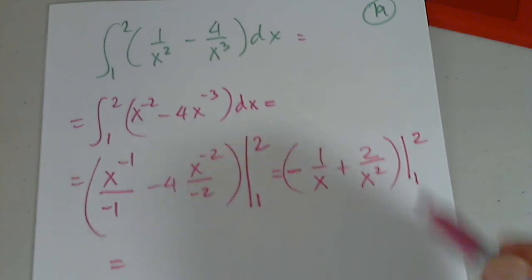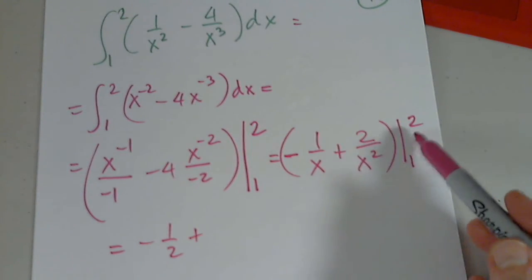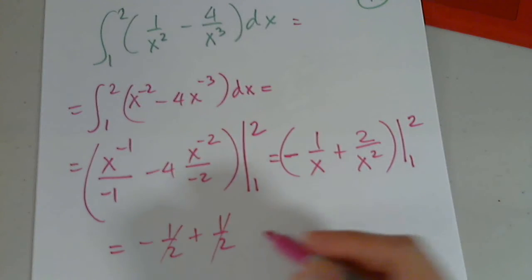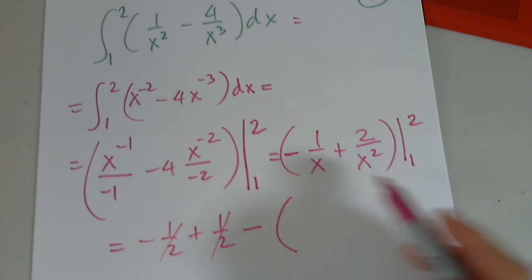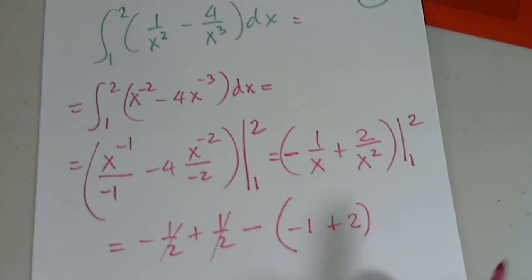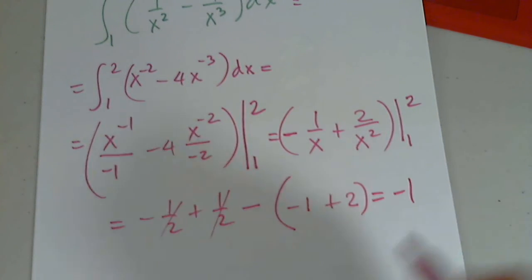And now I plug in 2. Negative 1/2 plus 2 over 4 is plus 1/2. Nice. Okay. Minus, be careful now. When I plug in 1, negative 1 plus 2. So 2 minus 1 is 1, but I have a minus in front, so the answer is negative 1.